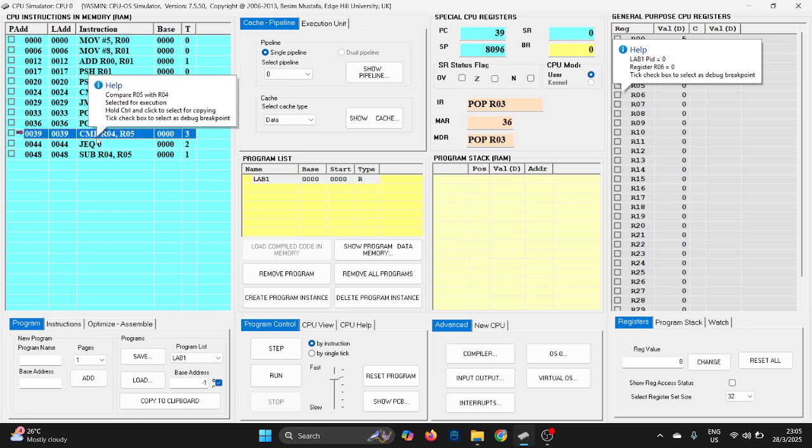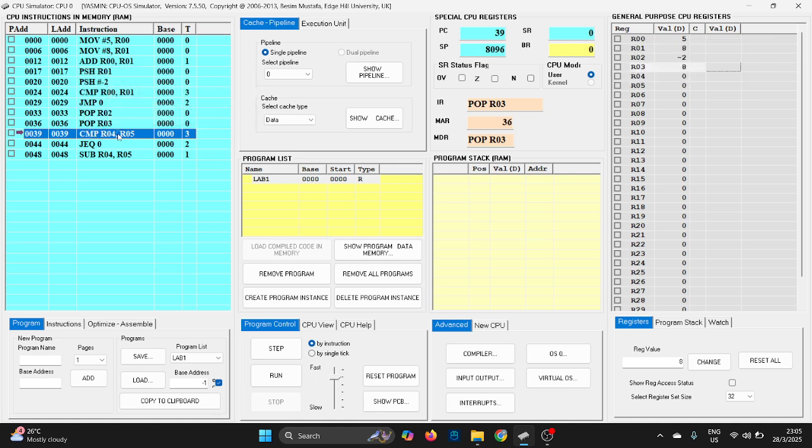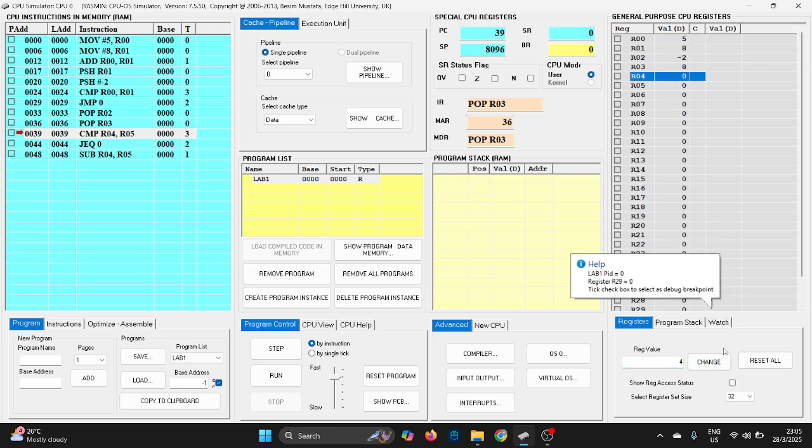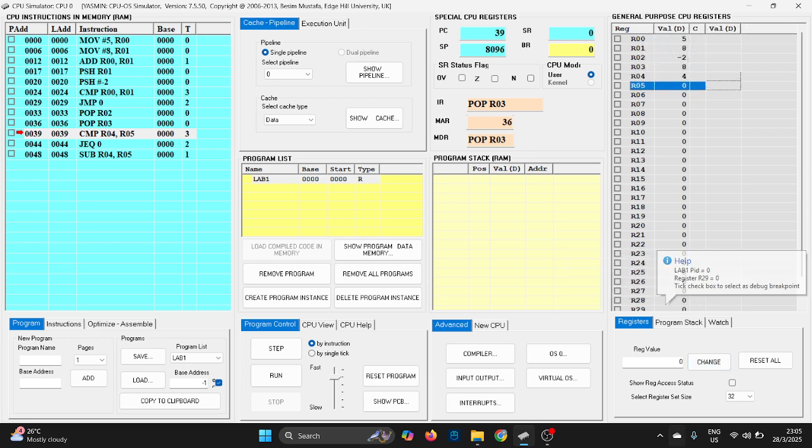Okay, next instruction, compare R04, R05, which is the instruction R05 minus R04. The example is I put the value at R04 as 4, and then I put the value at R05 also 4.